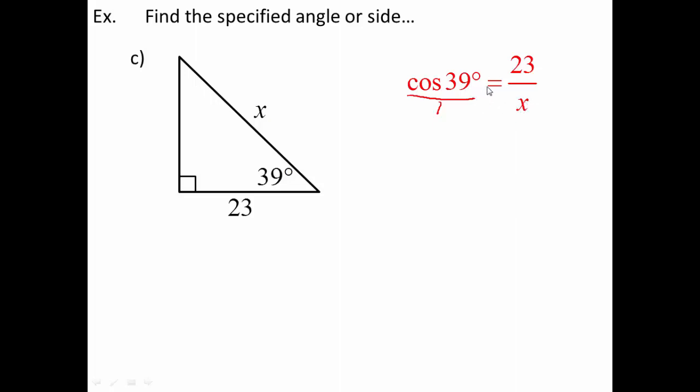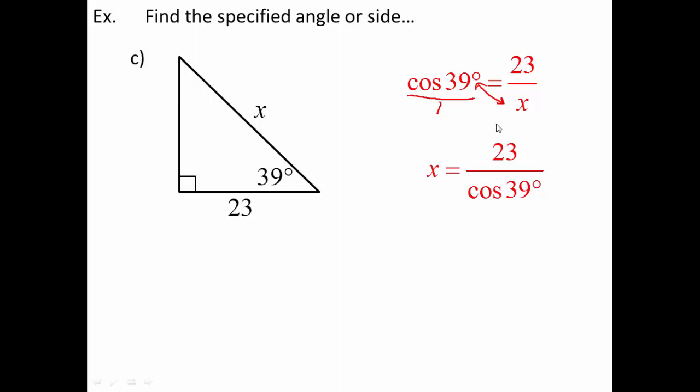I prefer the x to be on top, so what I'm going to do is I'm going to go ahead and switch these 2 corners, move the x to the upper left, the cosine of 39 to the bottom right. X will be on top. X over 1 will be redundant, so I'll just leave it as x. And thus, we've solved for x. Instead of actually cross-multiplying and solving for x in 2 steps, we can simply switch the corners and solve for x in 1 step.